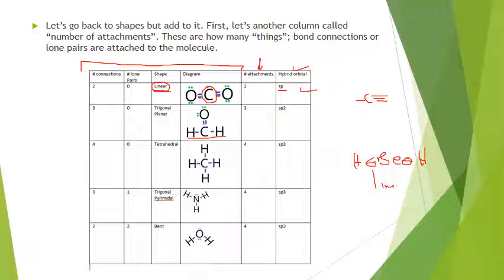This guy's called formaldehyde. So this carbon has 3 connections, okay? And we saw that when you have a carbon with 2 single bonds and a double bond, it formed sp2. Well, this shape is trigonal planar.